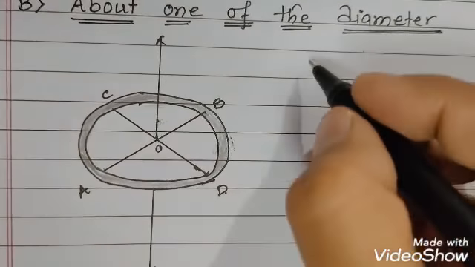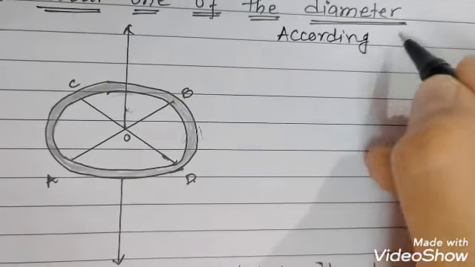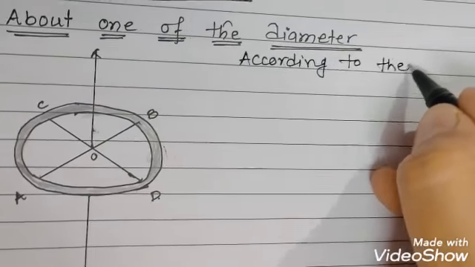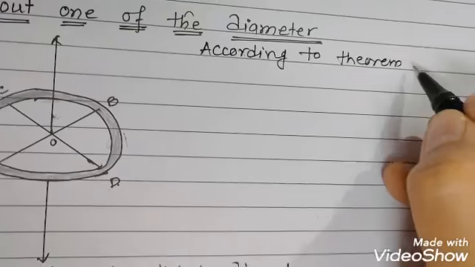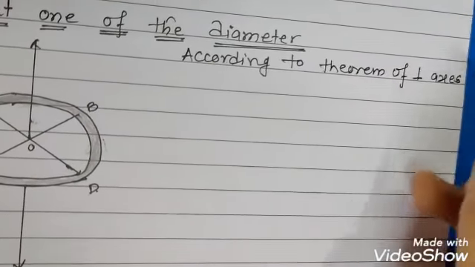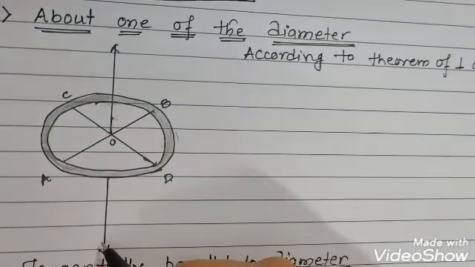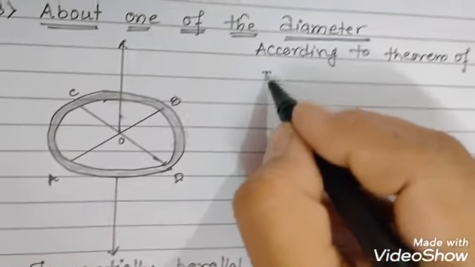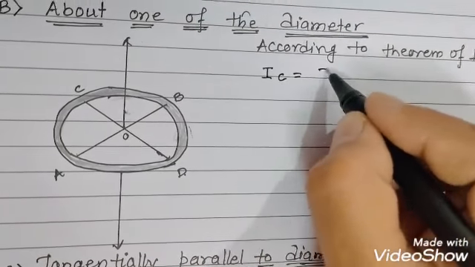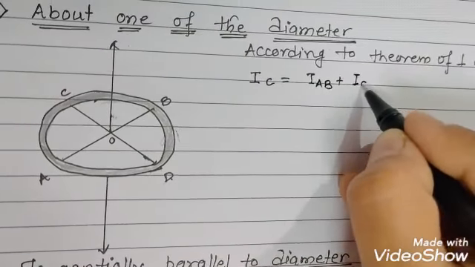Okay, now we'll see here, according to the theorem of perpendicular axis, we'll see that this is the center. This axis which we have chosen is the IC, that will be equal to IAB plus ICD.